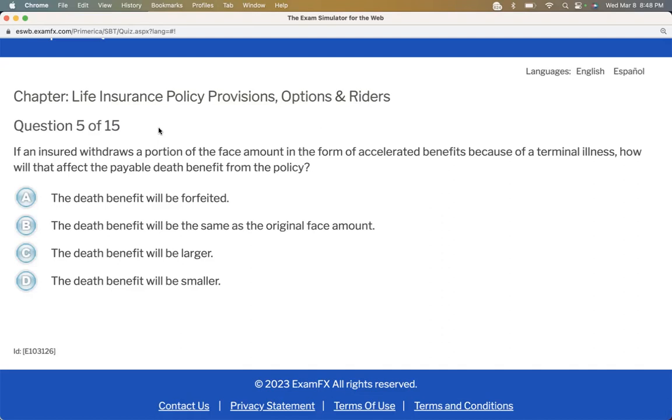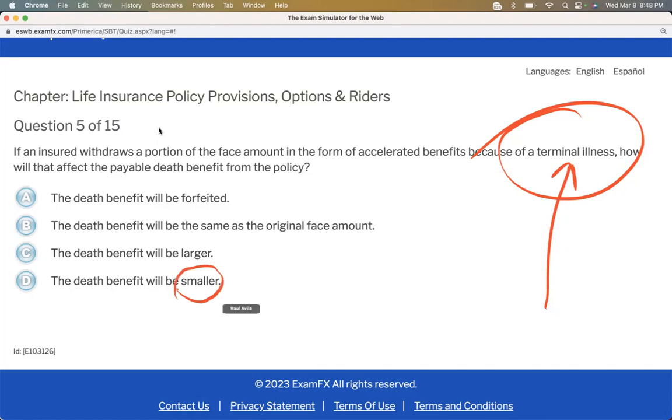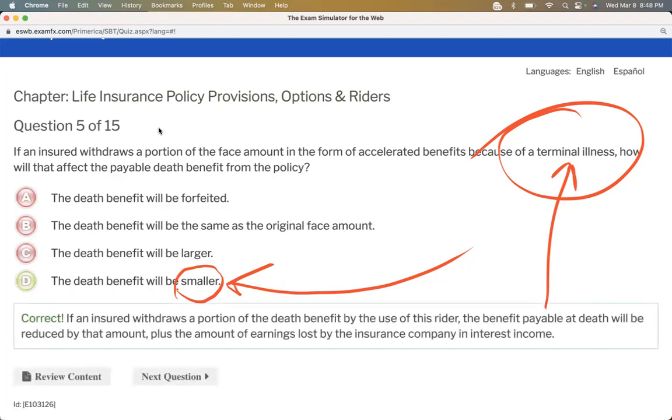We went through this already. This is a repeat. Remember that? So the answer would be D? Yep. The answer is going to be D. The death benefit is reduced.